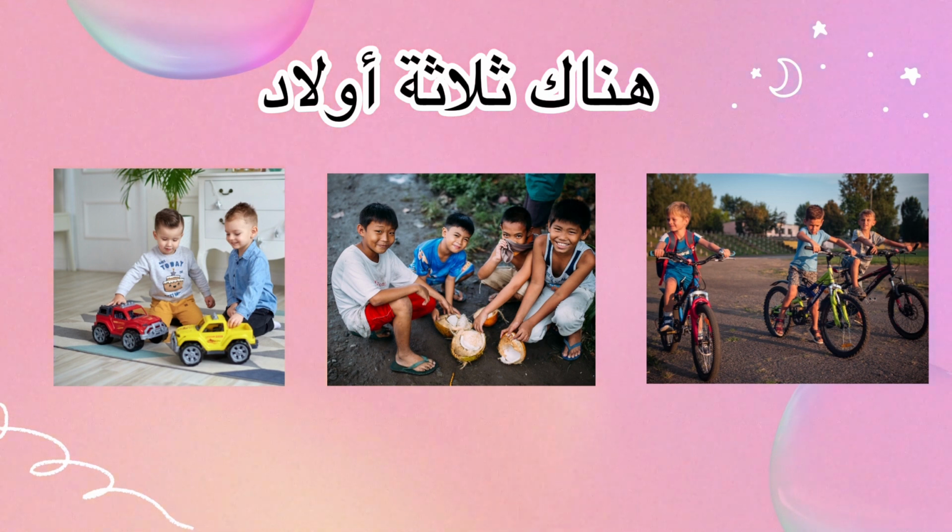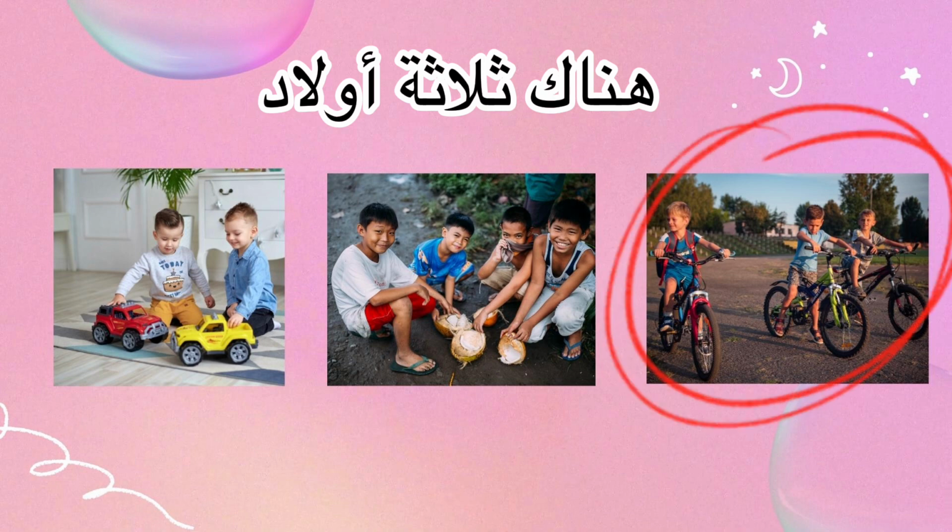Next, which of the following is هناك 3 أولاد. If you think I'm going so fast, you could pause the video and have a go. Okay. It is the photo with there are 3 boys.